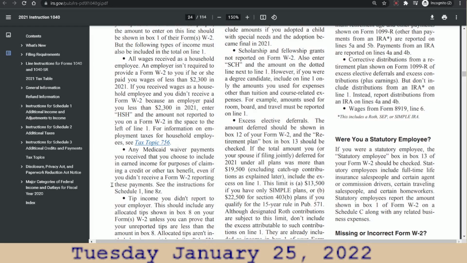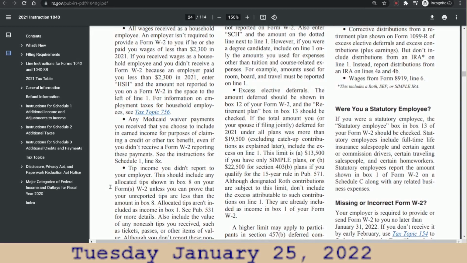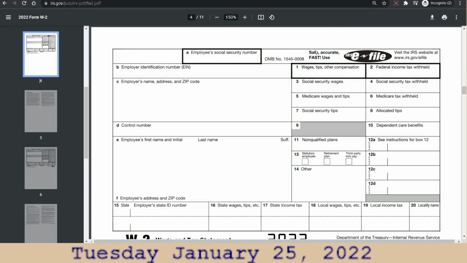This should include any allocated tips shown on Box 8 on your Form W-2 unless you can prove that your unreported tips are less than the amount in Box 8. Allocated tips, Box 8. That's what that is.